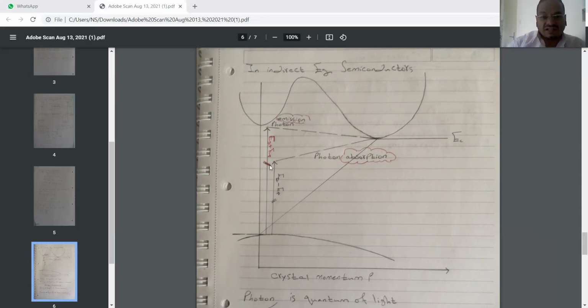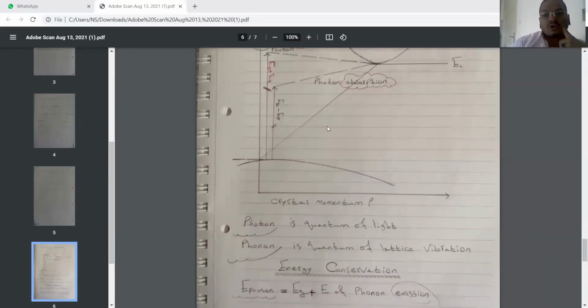And the longer line here shows us the photon emission. The difference is plus the energy band gap plus the energy of momentum. Here we put plus at emission, and at absorption we put minus. This will be important. Now let's talk about the difference between photon and phonon.